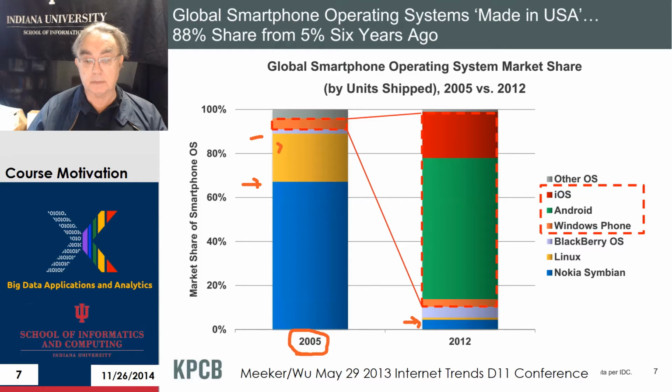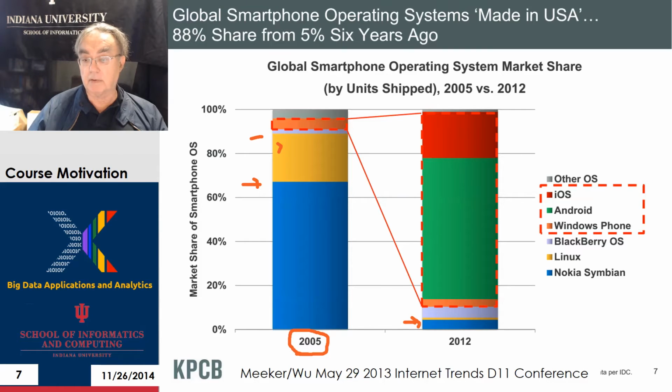Linux disappeared, although Android and iOS are actually Linux variants, so it's not really fair. And BlackBerry has gone up potentially a little, but it's still very small. There must have been a time in the middle where BlackBerry actually was quite big.